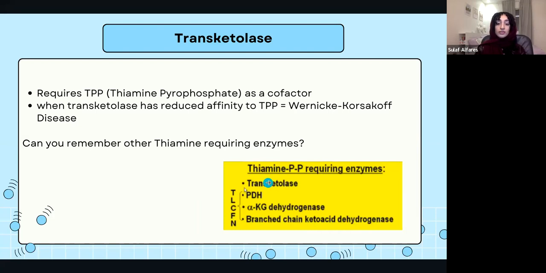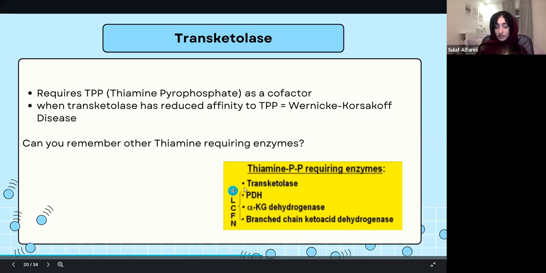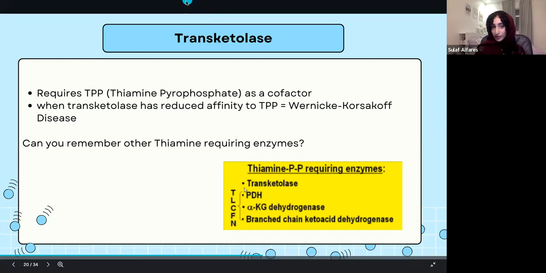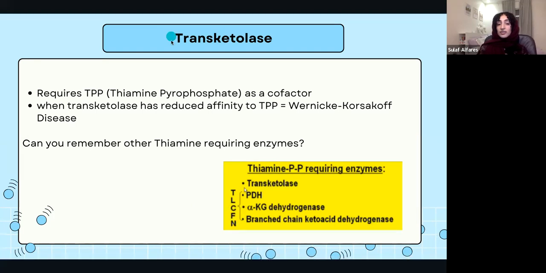We have 4 enzymes here that require thiamine as well as 4 other cofactors. Do you know the mnemonic that Dr. Hannah told you about? The mnemonic is "the lovely coenzymes for nerds." Do you remember the coenzymes? This isn't part of this lecture.